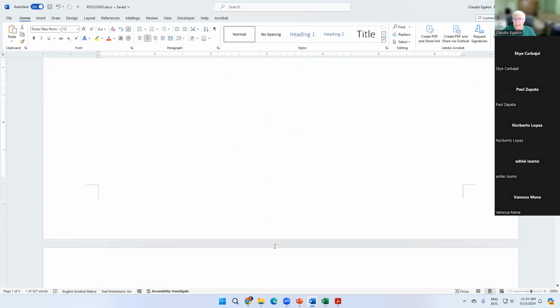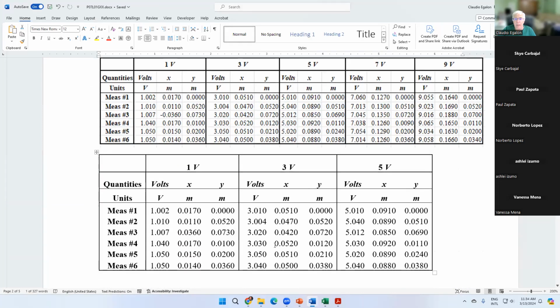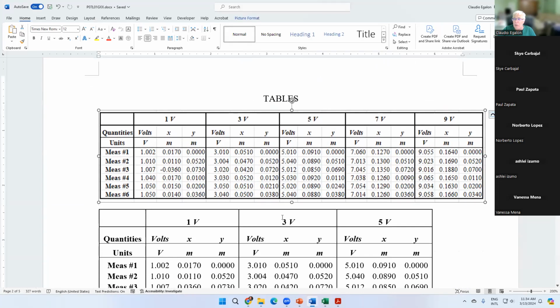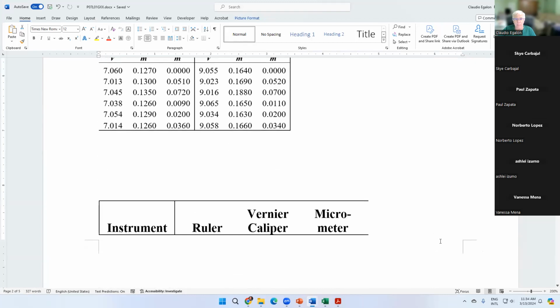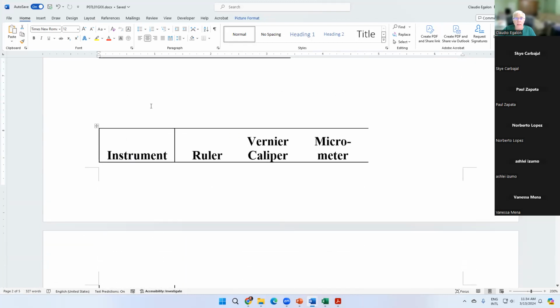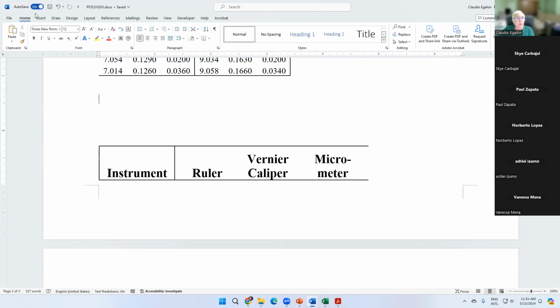Then in the next part, you copy and paste the tables that we have there in the spreadsheet, okay? Just copy and paste. And make sure you format it properly.